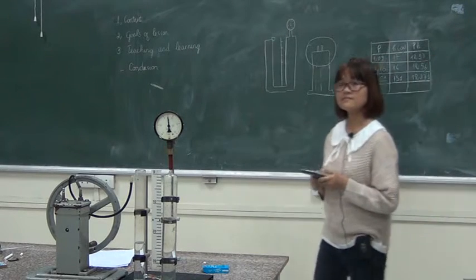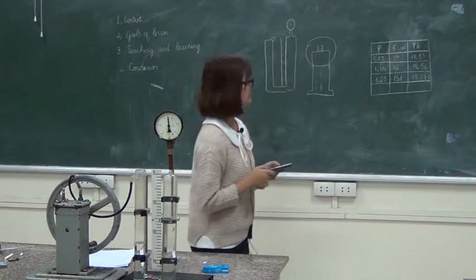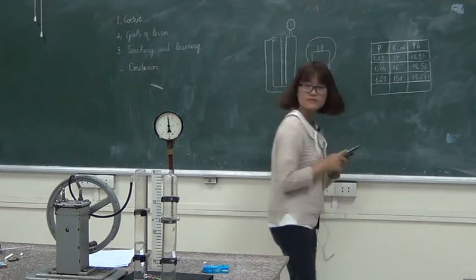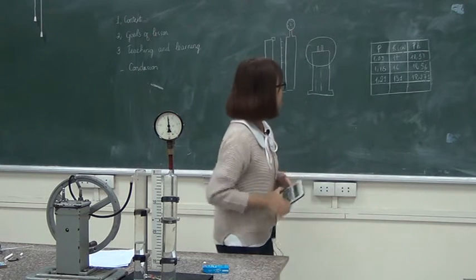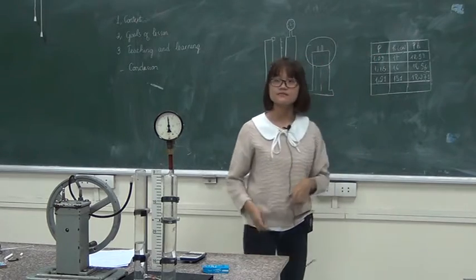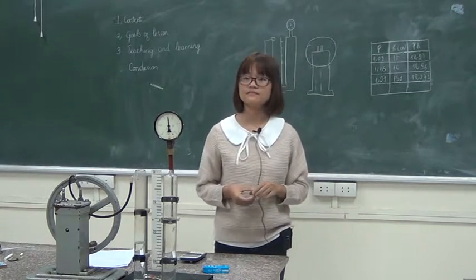So the reading over there is 15.1. The first height is 15.1, then 16, then 17. How can you read point 1?